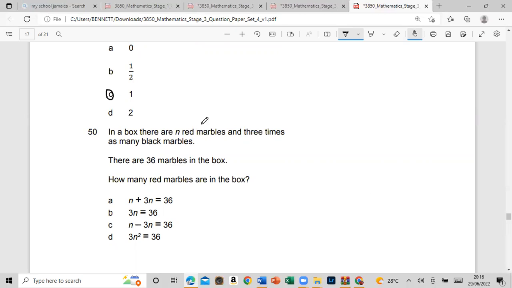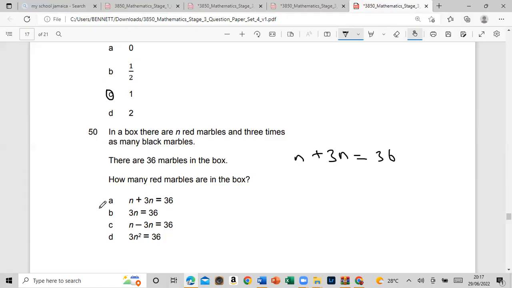So there are n red marbles plus 3 times n equals 36. Yeah, so 3 times that will be 3n.